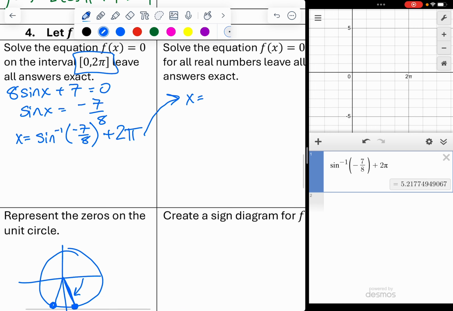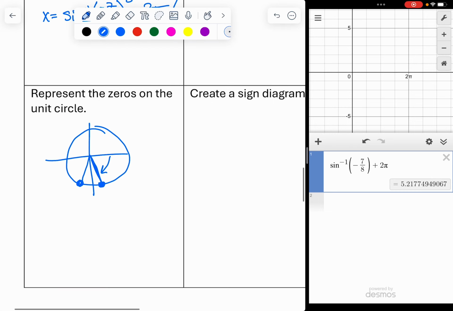So this would become x is equal to inverse sine of negative 7/8, plus 2 pi k, since I need everything that's coterminal to it. This part gives me the very first negative one, and then the 2 pi k lets me generate all of them. And so that's the most concise way to write that answer.